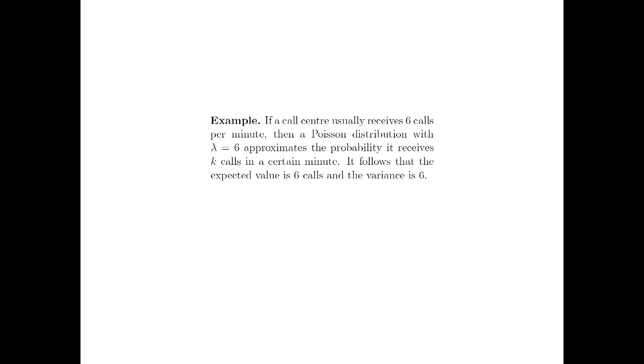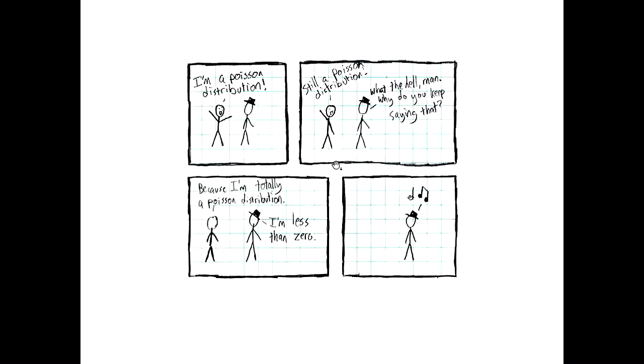Obviously, it expects to get 6 calls a minute, but the variance will also be 6. So there'll be some chance it's less than that, some chance it's greater than that. Occasionally, it'll be miles bigger than that. Poisson distributions never give less than 0. Not really a funny cartoon, but good to remember.